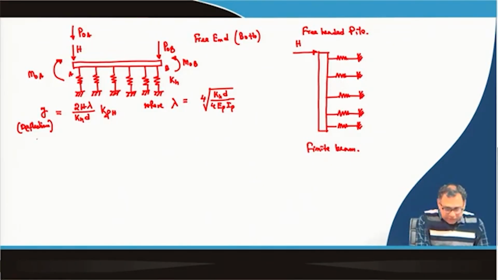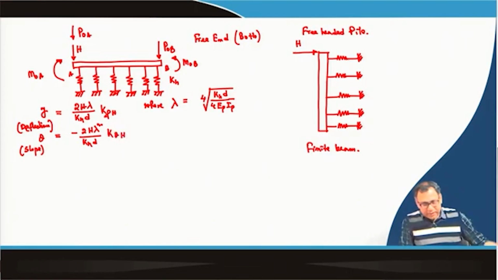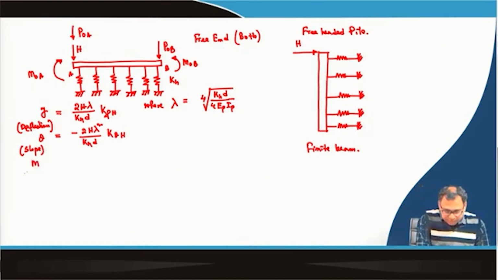Similarly, the slope is equal to minus 2 H lambda square divided by kh d into k theta h.